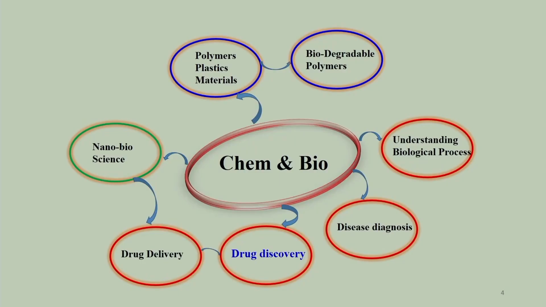And the last one, but not the least, nowadays we are aware of polymers and plastic materials. Most of the materials that we use every day and that surround us are made of plastics or polymers. So, now we are changing that to biodegradable polymers.